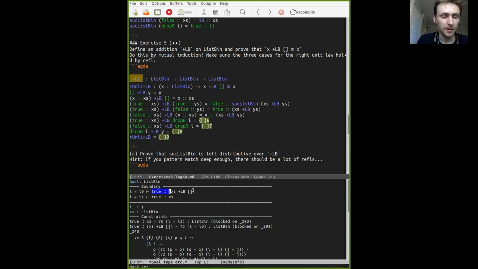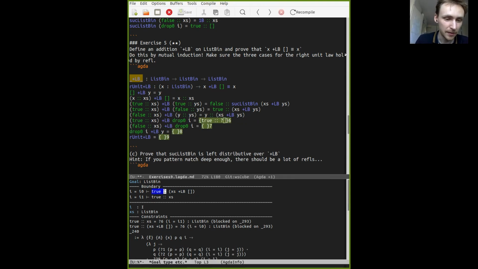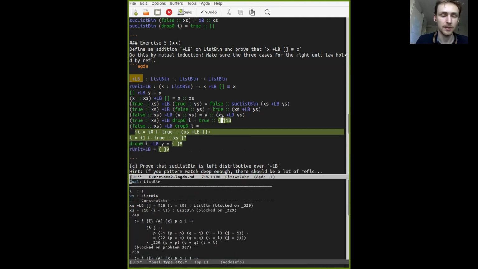Okay, so we want to show that true xs plus empty list is the same as true xs in this case. This is what Agda tells us. We don't need to check why. It's just what Agda tells us, and Agda is right. Well, both of these have a true in them, right? So let's keep the goal here somewhere. Both of these guys have a true on the left-hand side. So let's paste it in. And now we need to provide a path from xs plus empty list to xs.